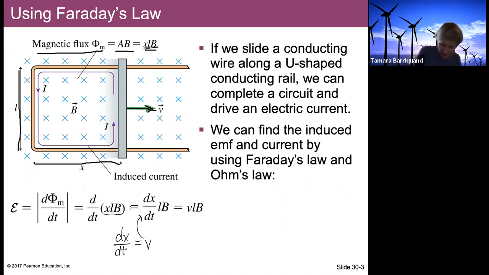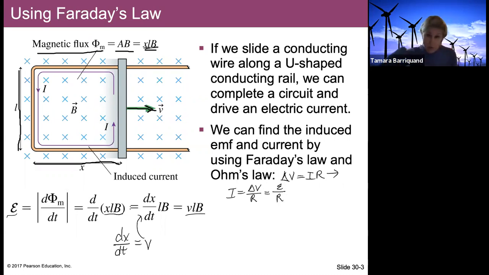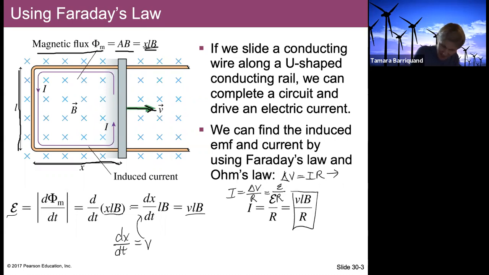Now we can also take this induced EMF and put that into Ohm's law. Remember, Ohm's law, of course, is V equals IR. So I always write that first as V equals IR, and then I can rewrite this as I equals delta V over R, where in this case our delta V is our induced EMF over R. And so we can rewrite this as I equals EMF over R equals VLB over R. And this is exactly what we found before.